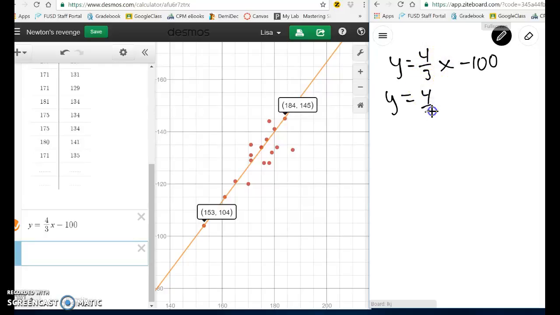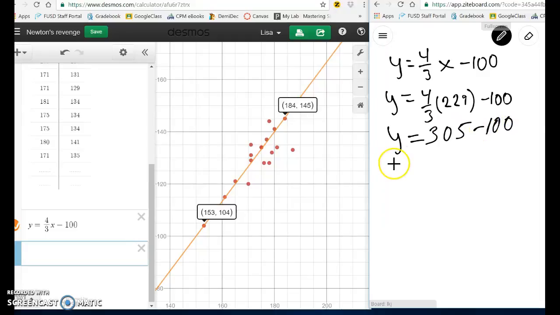So 4/3 of 229, less 100. 4/3 of 229 simplifies to about 305 1/3. And then less 100 gives us a reach of 205, which would mean, in this case, with this trend line, that Yao Ming would not be safe.